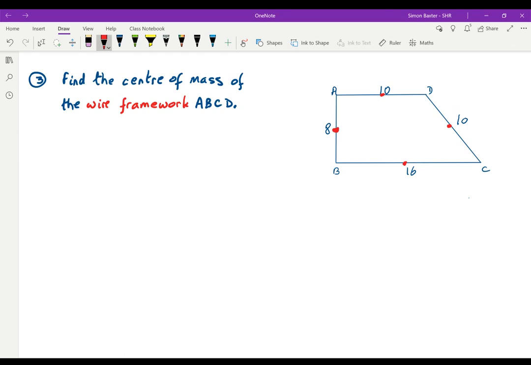If a wire is twice as long as another one, it will be twice as heavy. So we have the wire AB has mass 8, and we can think of it as a particle at its midpoint.